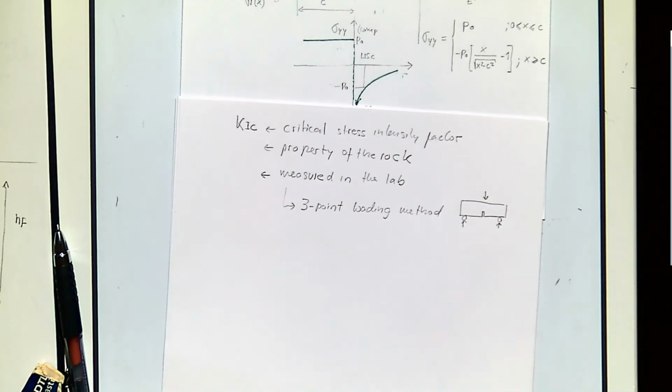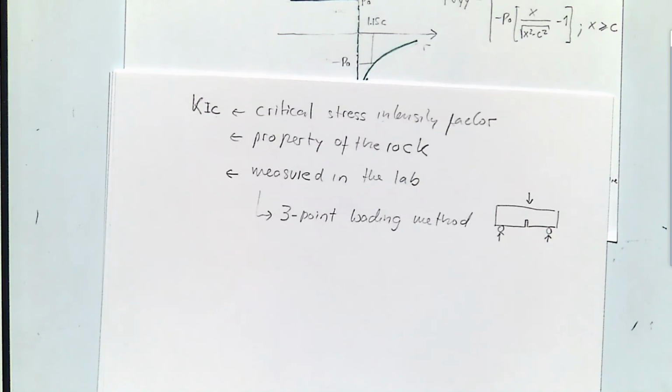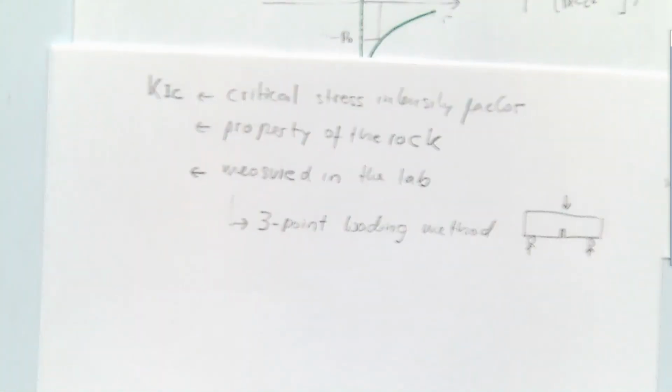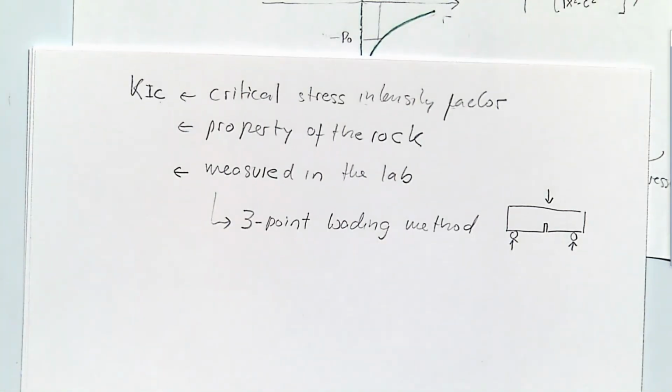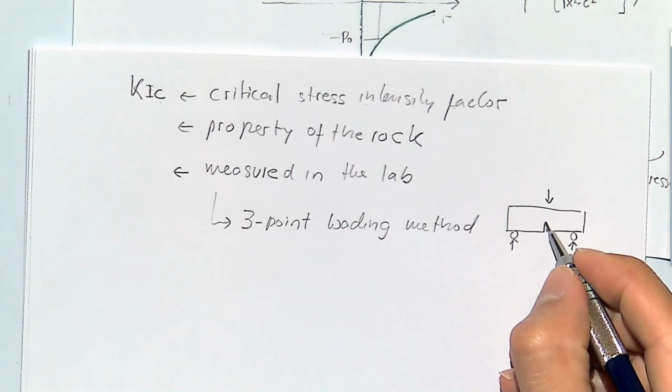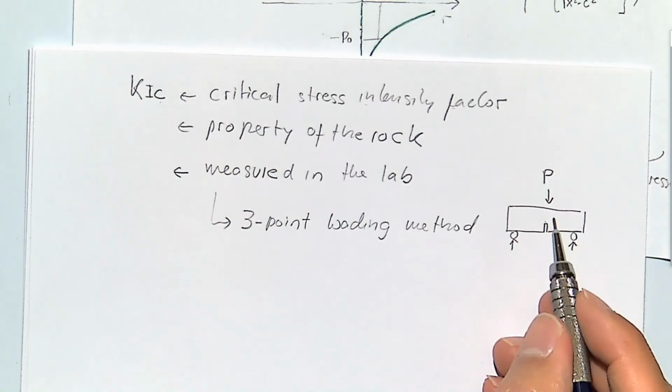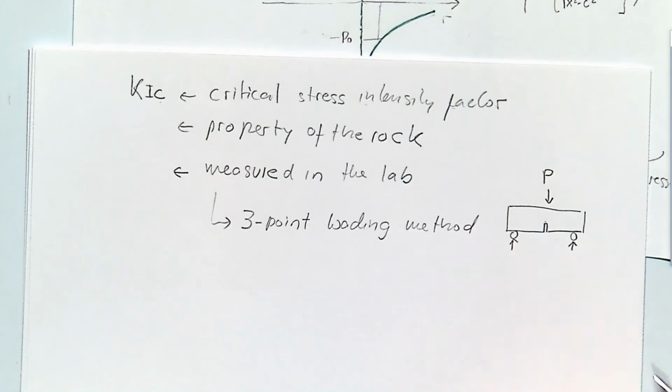And you can figure out, by doing some calculations and computing stresses, what will be the critical factor and what will be the critical force that will make this fracture propagate.